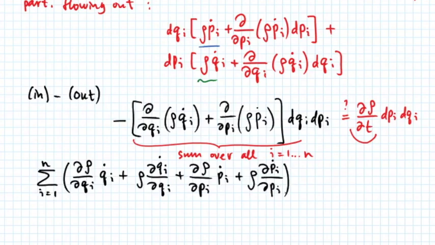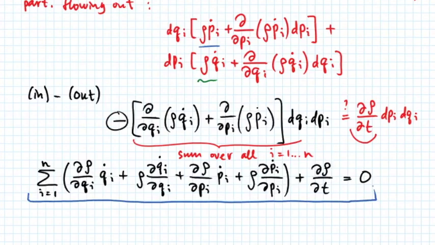So that's the sum. Together with the minus sign and the fact that it's equal to the partial derivative of rho with respect to time, I simply add the partial derivative of rho with respect to time, and this whole thing is now going to be 0. So this is what we have so far.